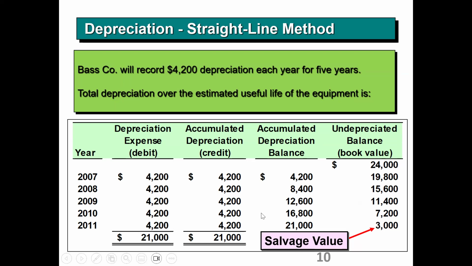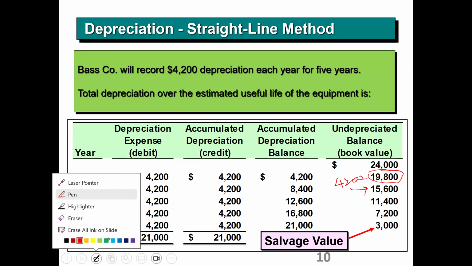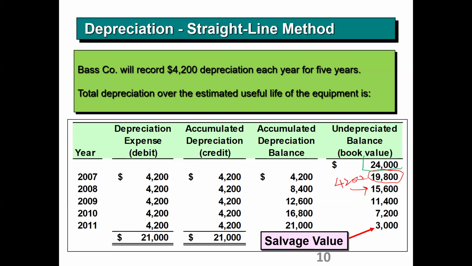Now, what we can do is, from 19,800, we are going to subtract 4,200 and we will be left with 15,600. Or what we can do is, from 24,000, we are going to minus 8,400, which will give us 15,600. So this is how we continue.